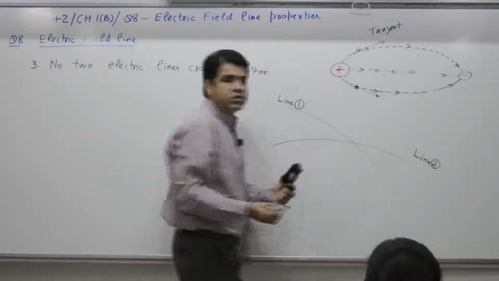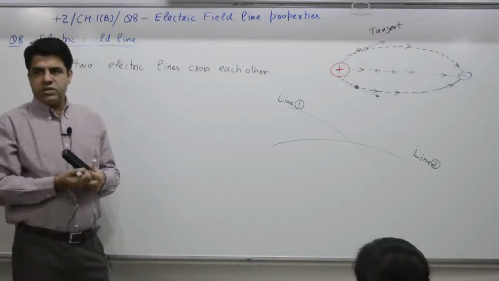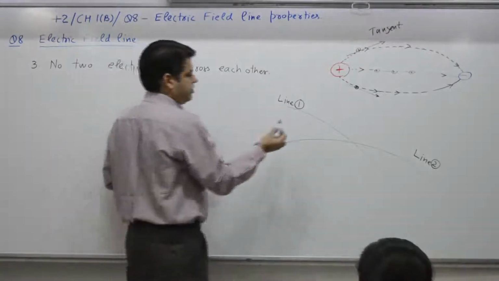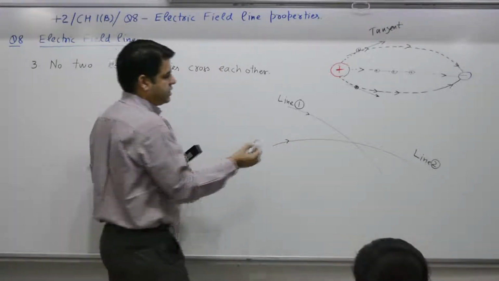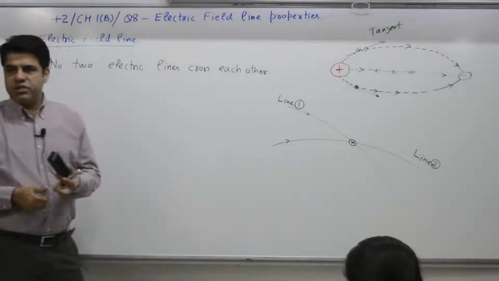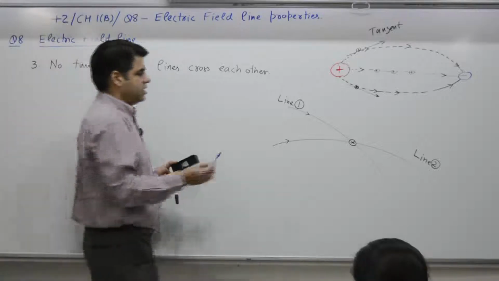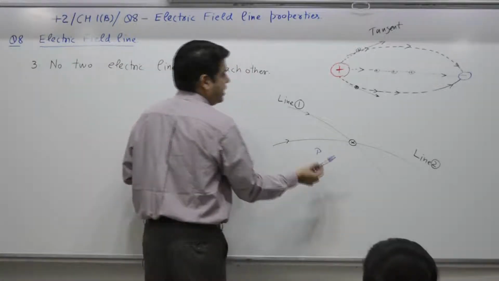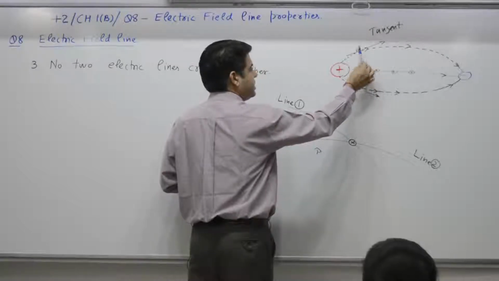If the two lines cross each other, as per definition, if you place a charge here, at this point P, this positive charge will move along the tangent.